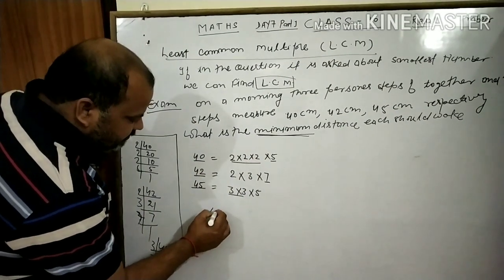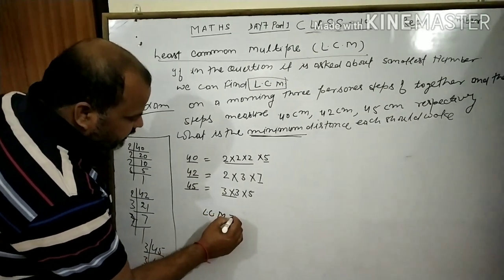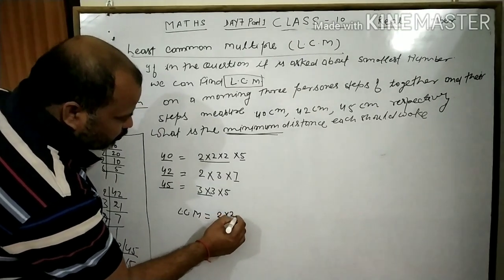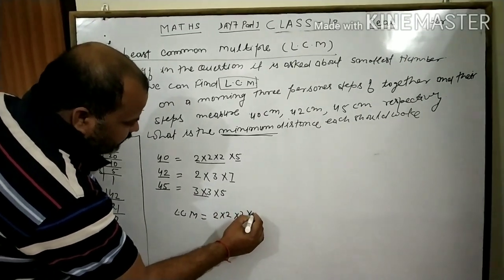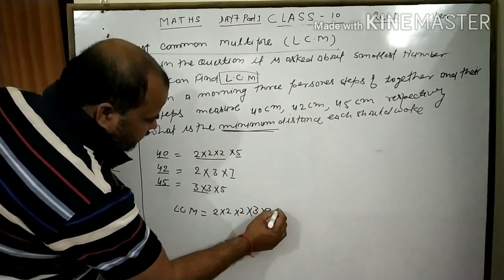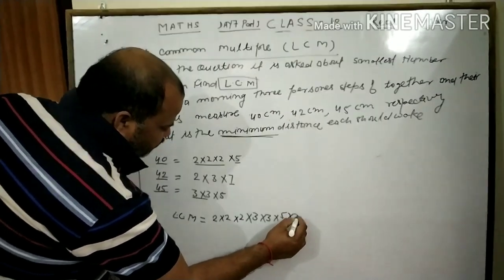Then the LCM is 2 into 2 into 2 into 3 into 3 into 5 into 7.